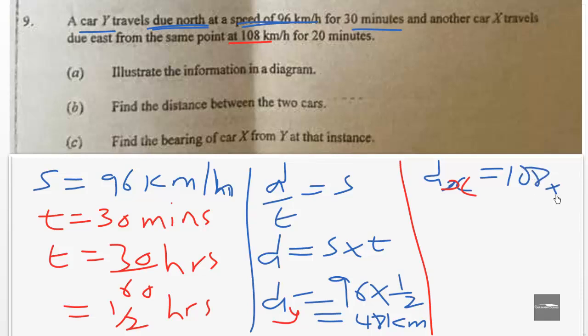The time is 20 minutes over 60 hours, so 20 over 60 will be 1 over 3. So 108 times 1 over 3 will give us how many kilometers?